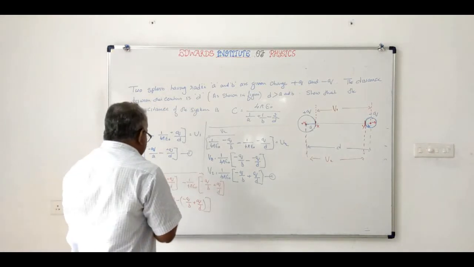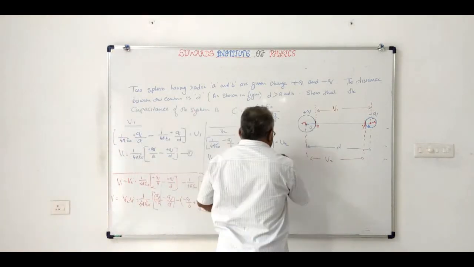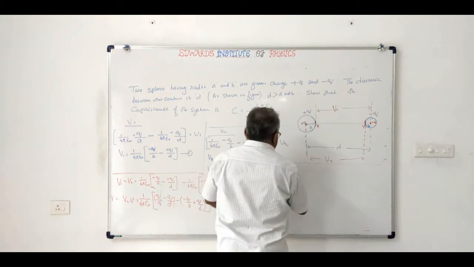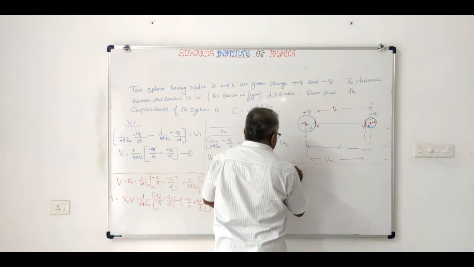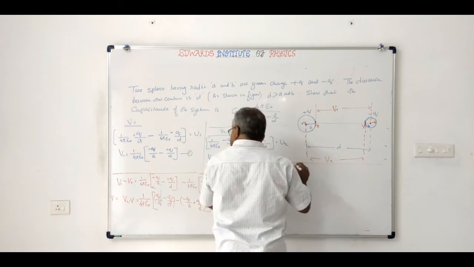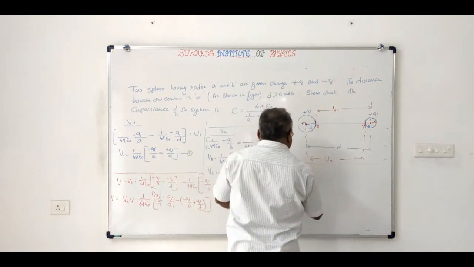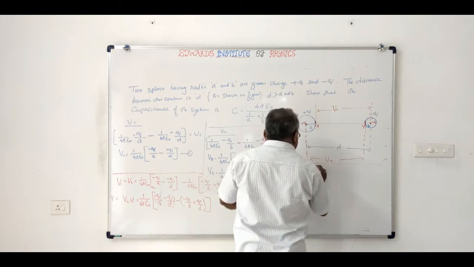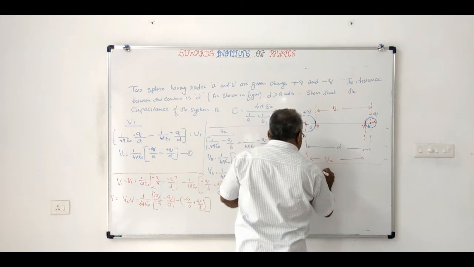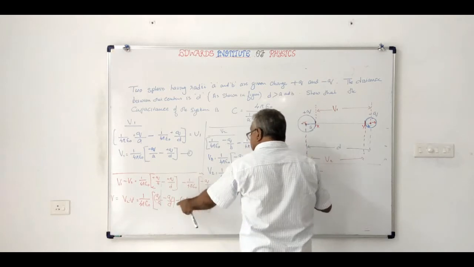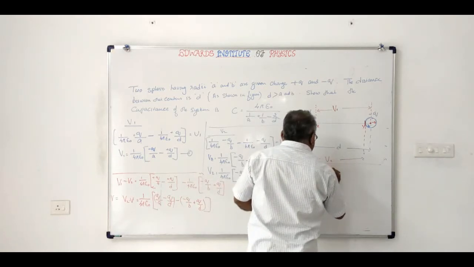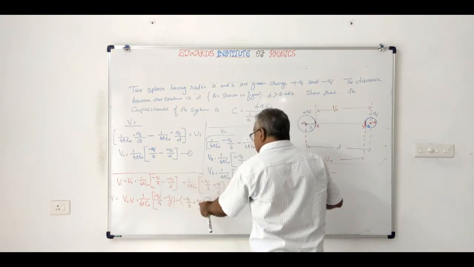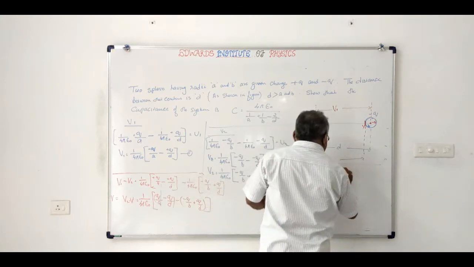And what will be that? That will be equal to 1 by 4 pi epsilon 0 times q by a minus q by d, minus into minus plus q by b minus into minus q by d.